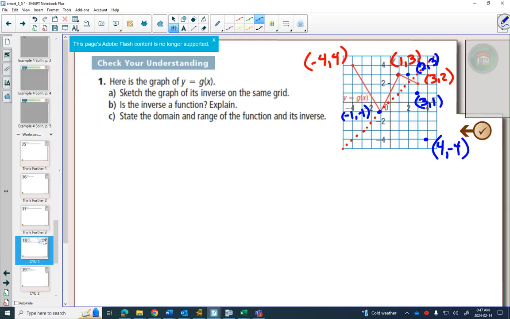This is where visualizing flipping it over will help you see. Another thing you should always do when reflecting a graph is wherever the diagonal line intersects, you should add that point, because that's where the x and the y are the same. And if you flip them, they're still going to be the same. So we've done part A.